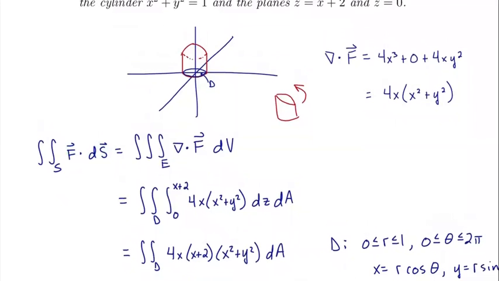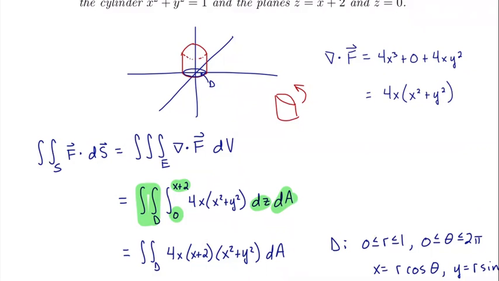So the divergence theorem lets us jump into this triple integral over the solid region E enclosed by these surfaces, and that's of the divergence of F. So integrating from 0 to x plus 2 with respect to z, and I've left this sort of packed. We haven't broken that into a coordinate system yet. Maybe we'd stick with dx, dy in rectangular coordinates.